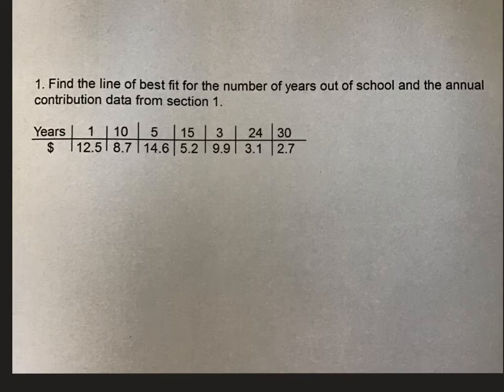So I'm going to jot down all of those sums that we had from the first section. Remember, our years was x, our money was y. So the sum of our x values was 88. The sum of our y values was 56.7.